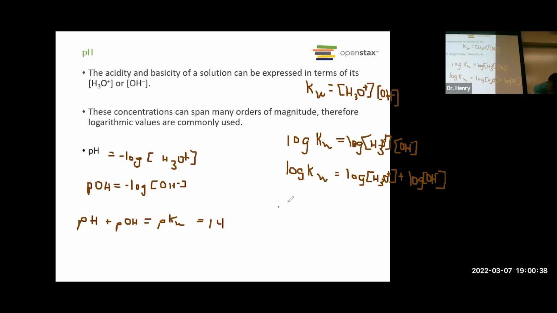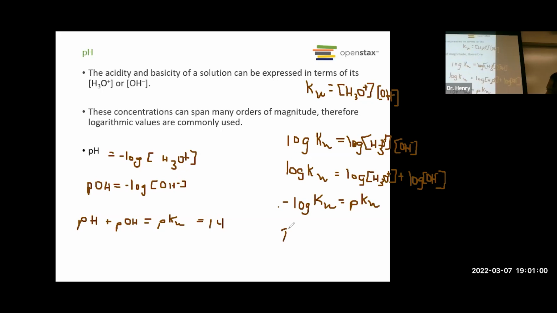So by definition, minus the log of Kw is equal to pKw, then we minus this entire thing.